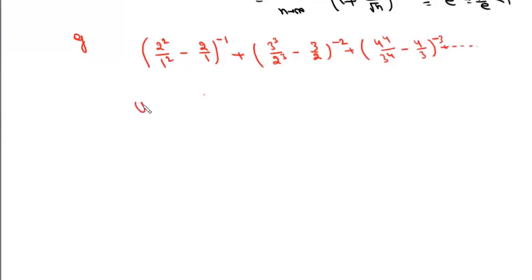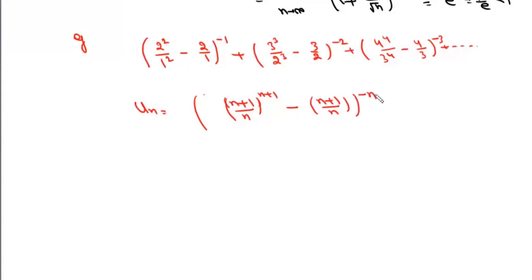Now in this case, this un will be given by n plus 1 to the power n plus 1 upon n to the power n plus 1. So it will be n plus 1 upon n whole to the power n plus 1 minus n plus 1 to the power n whole to the power minus n.